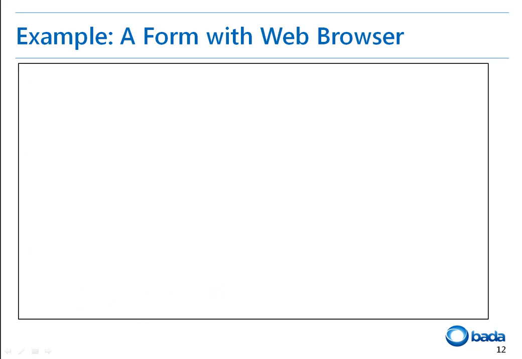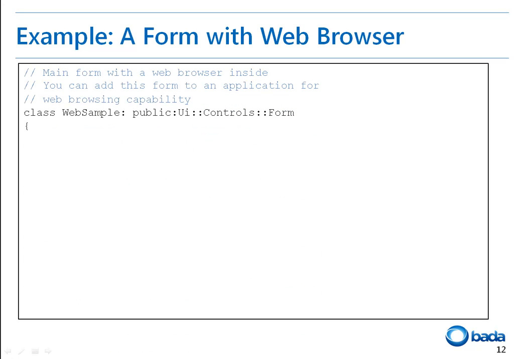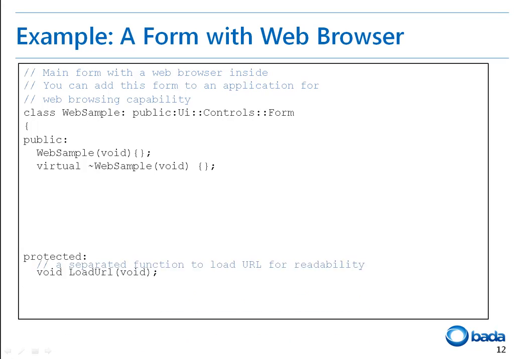Now, I'll present you with an example of creating and using a web control. Here, we're creating a form which will contain a web browser inside. To achieve this, our class is inherited from the form control class. Then, we declare a constructor and destructor.